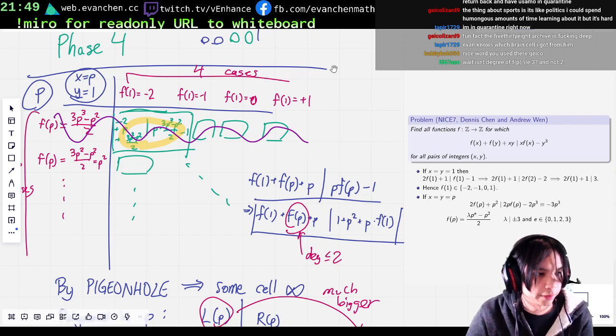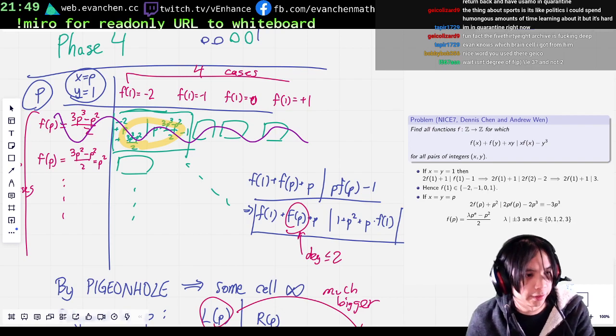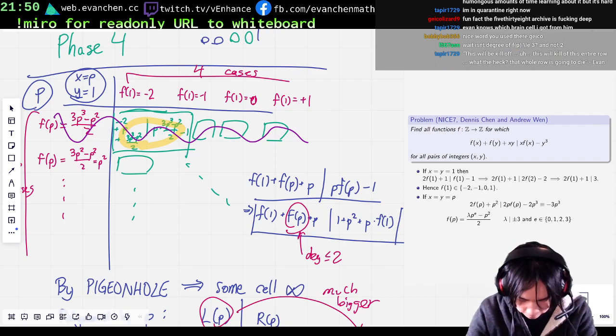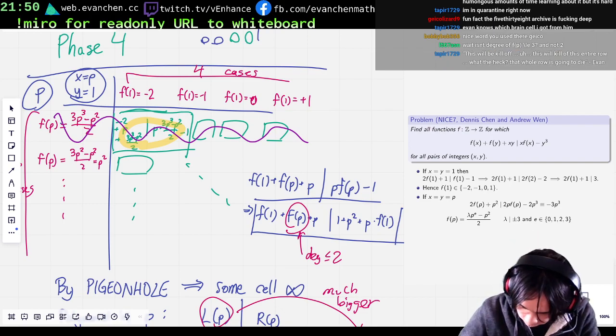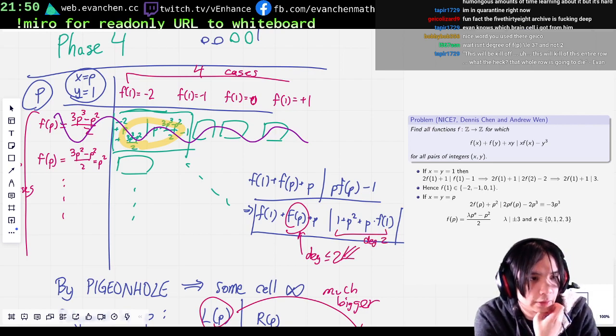Yeah, that whole row is going to die because 3p cubed is degree too large. Isn't the degree of f of p at most 3? No, what I'm saying is that for this statement, for this box statement to be true, the degree must be at most 2. We're saying that this thing divides this. This guy is degree 2. So that forces this thing to be degree less than or equal to 2.